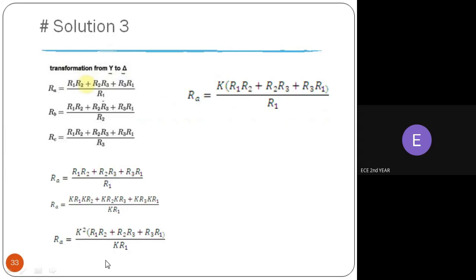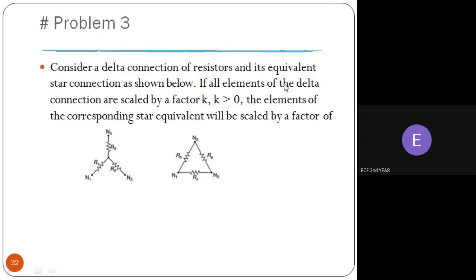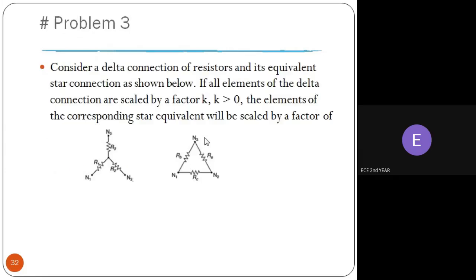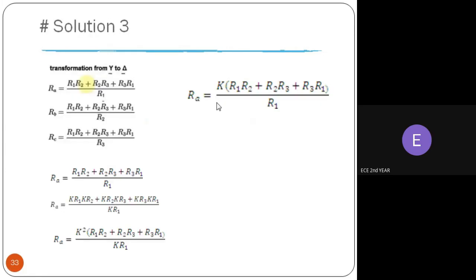K square and K in the denominator cancel, so RA can be written as K into R1 into R2 plus R2 into R3 plus R3 into R1, divided by R1. So the resultant delta connection elements are scaled by K, which is similar for RB and RC.